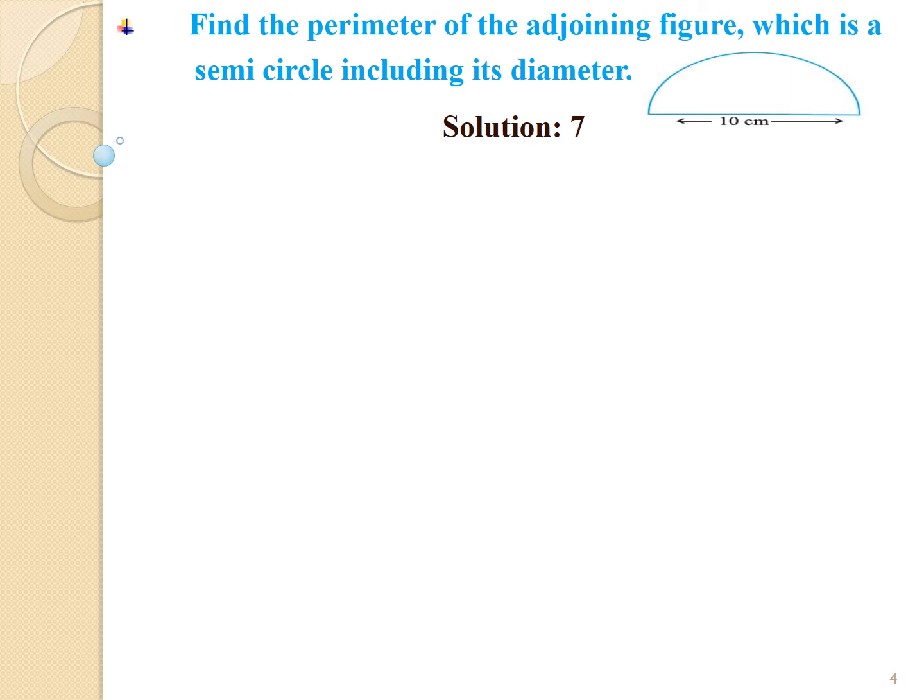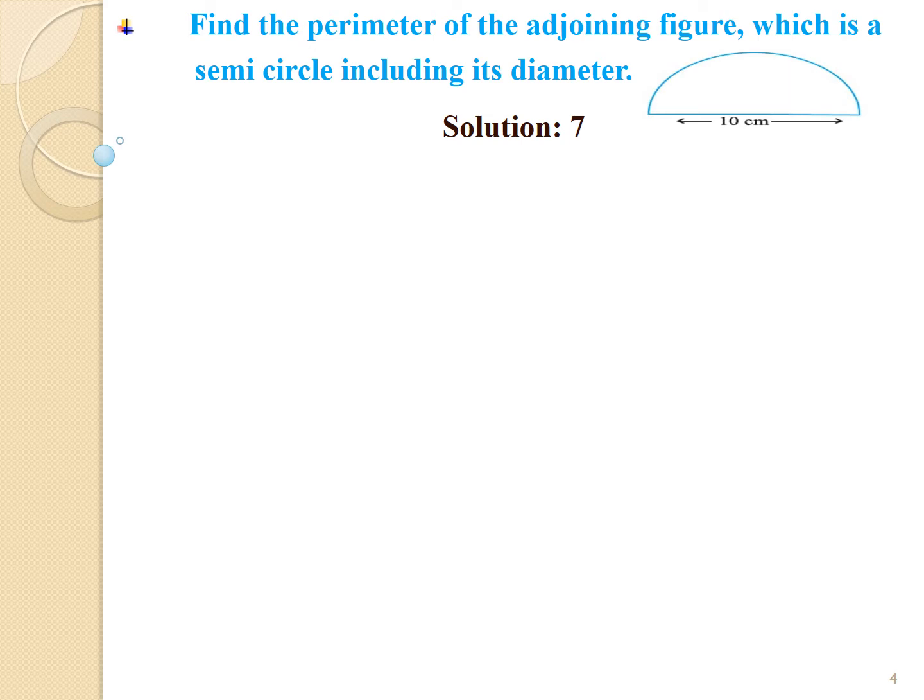Students, after finding the perimeter of semicircle, we have to find the perimeter of given figure, including its diameter.